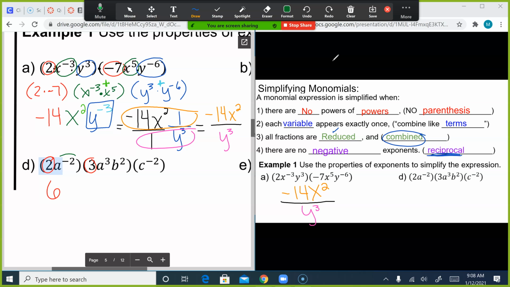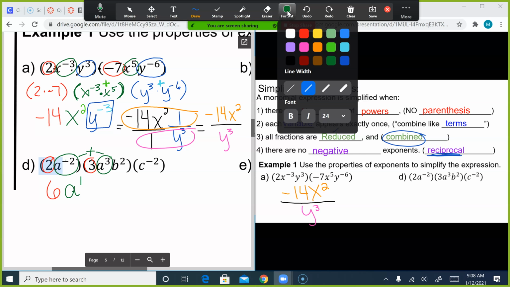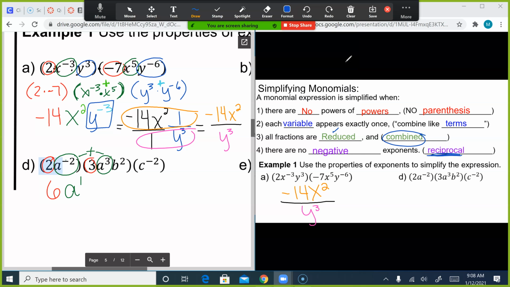So A to the -2, A cubed, and that's it. There's no other A's. So here, I grouped these together. I'm going to add these exponents. So A, negative 2 plus 3 is just positive 1. And then group the B's together. Well, this is the only B, so this comes down. And this is the only C, so this one comes down. C to the negative 2.